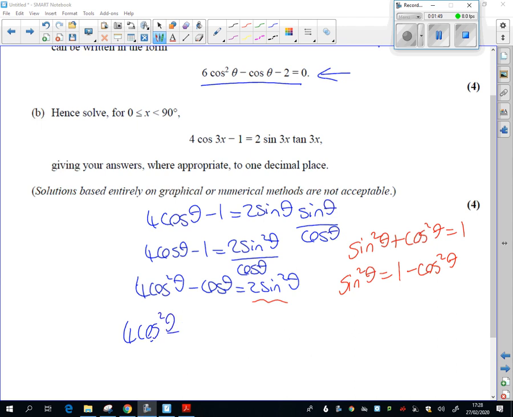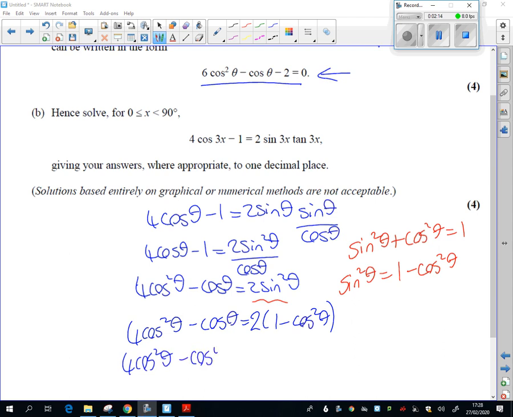So 4 cos squared theta, it's a bit of a mess, let's try it again. 4 cos squared theta minus cos theta equals 2, and then I'm going to substitute the sine squared theta for 1 minus cos squared theta, so that's my third method mark for using that identity, and then I'm just going to hope that that all simplifies to what I'm trying to prove.